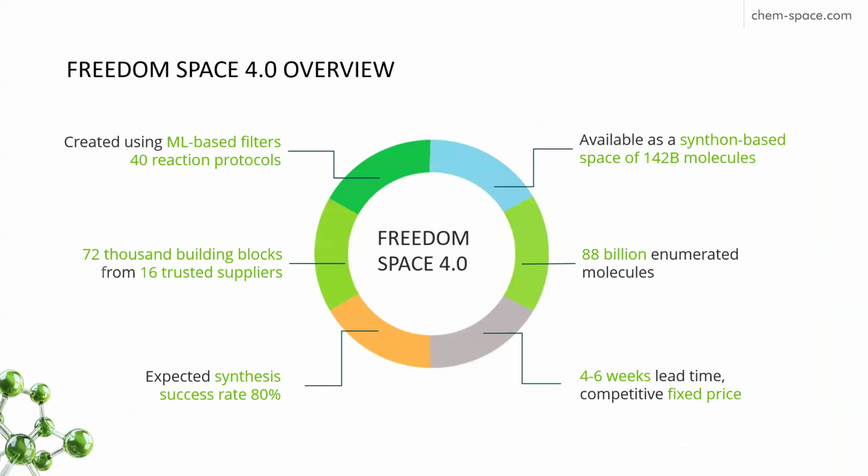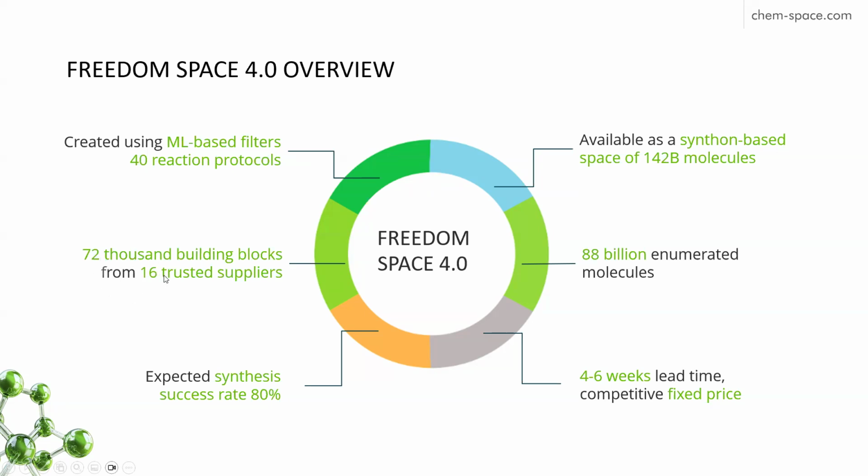Using this approach, being sure that the space we generate contains synthetically accessible molecules, we generated Freedom Space 4.0, and we used all 40 reaction protocols. We have machine learning models trained. We used 72,000 building blocks provided by 16 trusted suppliers. We selected the suppliers because we work with them in our platform catalog business, so we know how quickly they can deliver these building blocks.